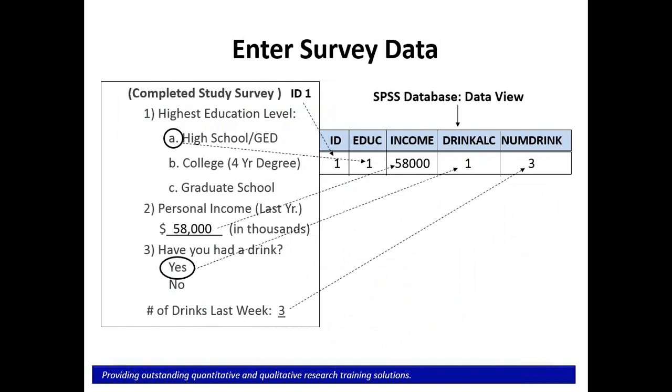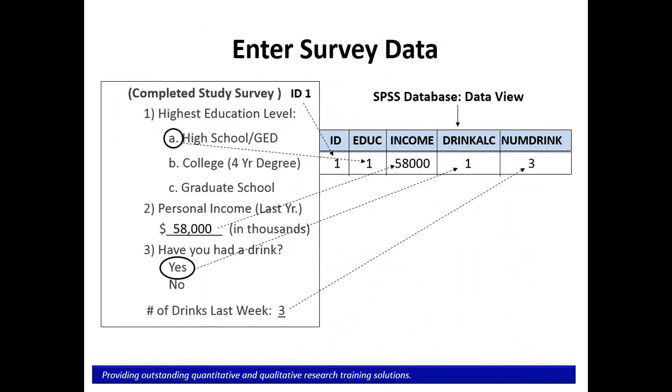So you'll see when we go in the data view, we just ascribe the responses to each item. For ID, their ID is 1, so we put a 1. For item 1, highest level of education, they circled A, which if you remember our data dictionary was coded as 1. So in SPSS for EDUC, they get 1.